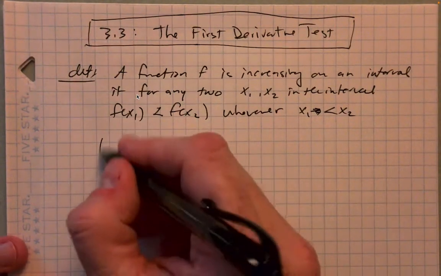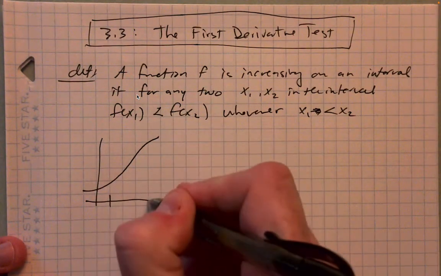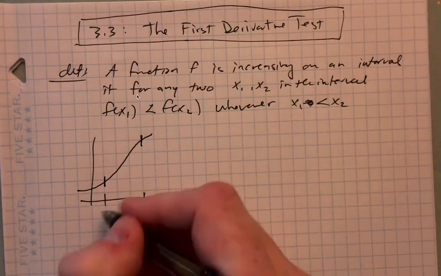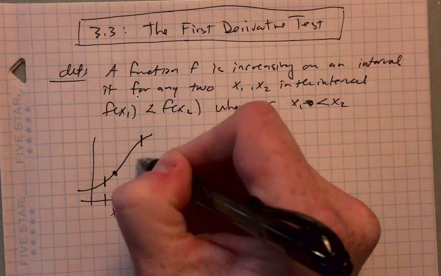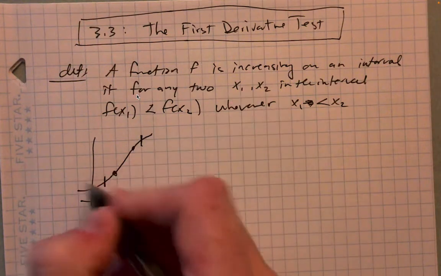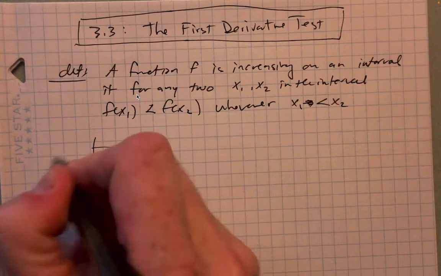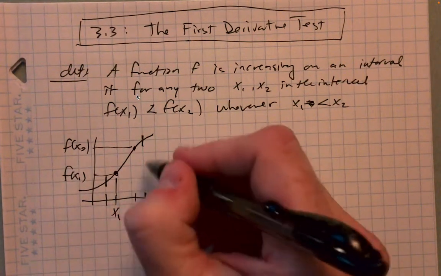So if I have a function and it's increasing, let's say I've got an interval of interest, that range there. If this is x1 and that is x2, then it better be the case that f of x1 is less than f of x2 on that interval. Here's x1, here's x2.